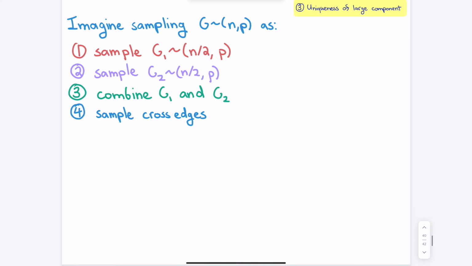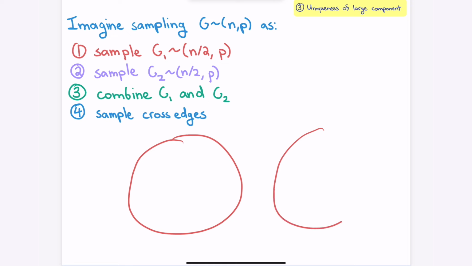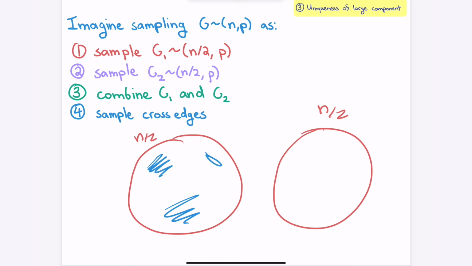The original process is based on sampling every edge with probability p. But we're going to think of it differently. We're going to divide the graph into two parts, each with n over 2 vertices. And each of these is going to contain some giant components with high probability, because that's what we showed.